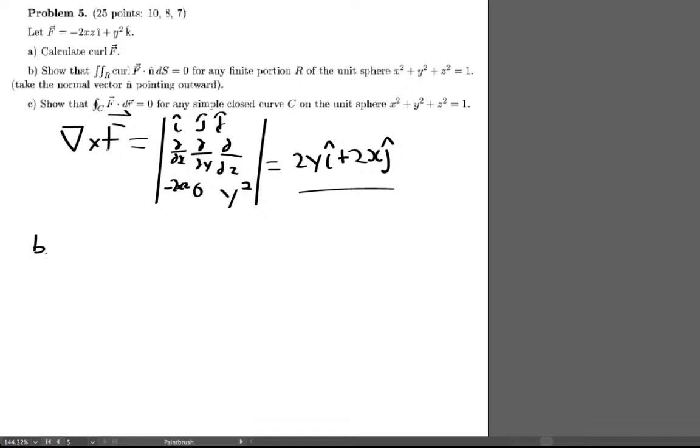When you try to figure this out starting over, the del cross f vector would just give you this value. I know it's going to be 2y in the i hat direction. For the j direction, you take that.